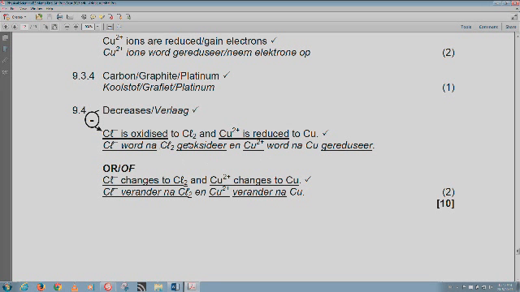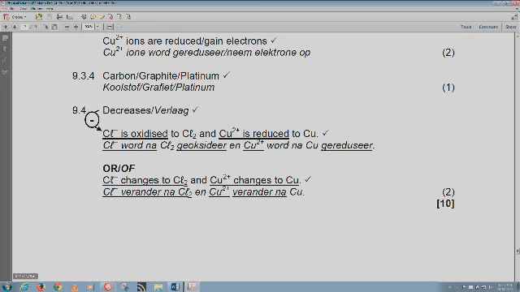So it is important not just to say it is oxidized. The learner must say Cl minus or chloride ions are oxidized. And then for the second mark, the learner must say Cu2 plus is reduced or copper ions are reduced.